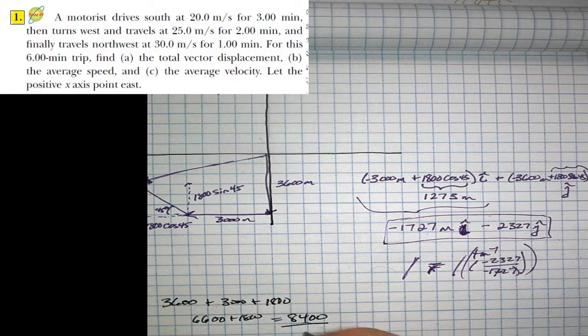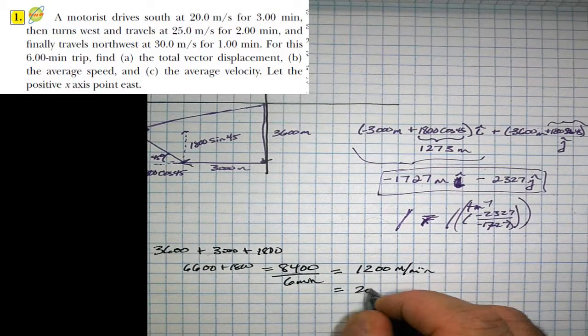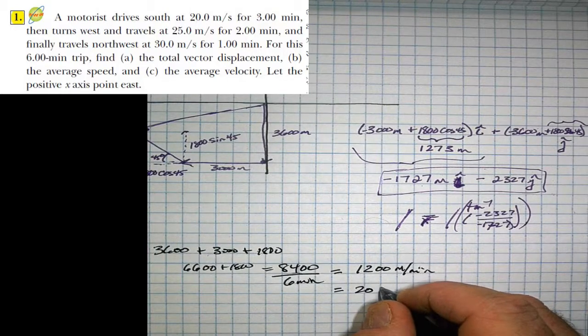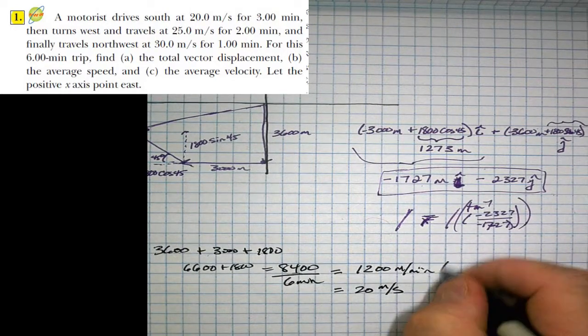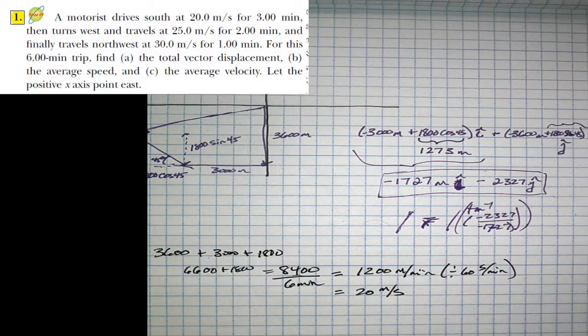All that divided by 6 minutes equals 1400 meters per minute. If we divide that by 60 again, we're going to get about 23 meters per second. So our average speed is going to equal about 23 meters per second along that trip.